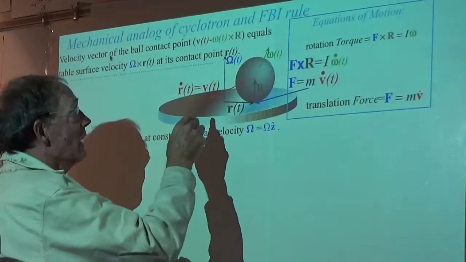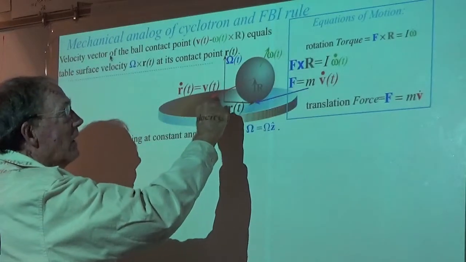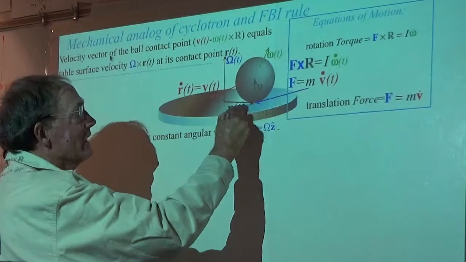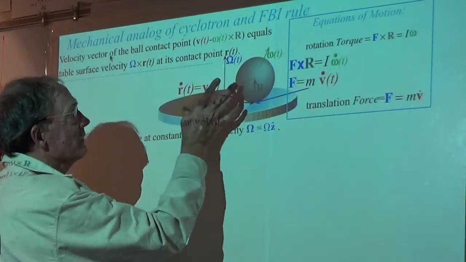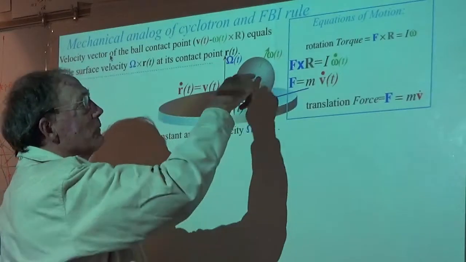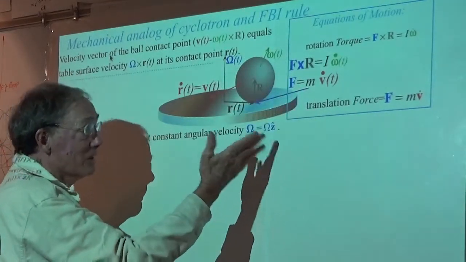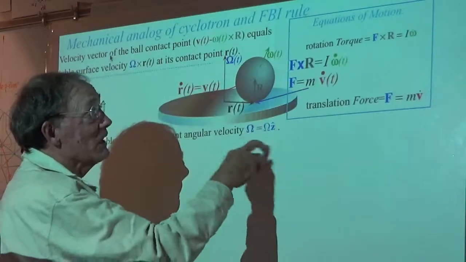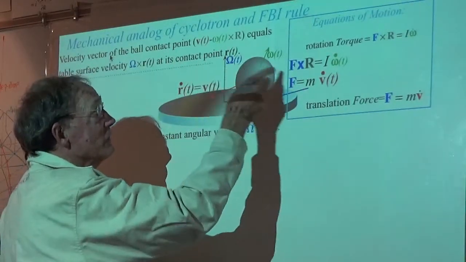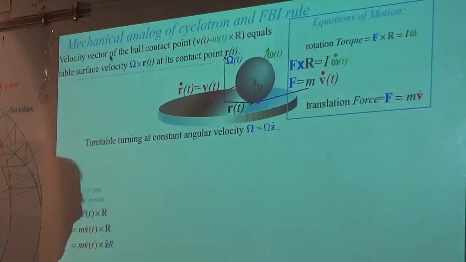And the position of this object, r of t, is right here, and then the velocity vector is somewhere, and the angular velocity vector is also somewhere. Now it's free to move around in 3 dimensions, so that makes this a difficult problem in some ways, but we can find ways to make it a lot easier.